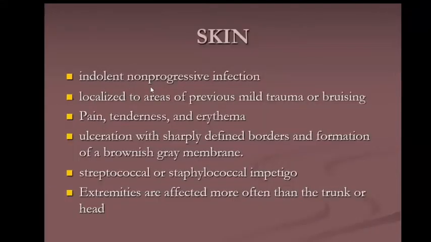It is an indolent, non-progressive infection localized to the area of previous mild trauma, or if there is bruising in the skin, those areas are where the cutaneous diphtheria is localized, and it is followed by pain, tenderness, and erythema.